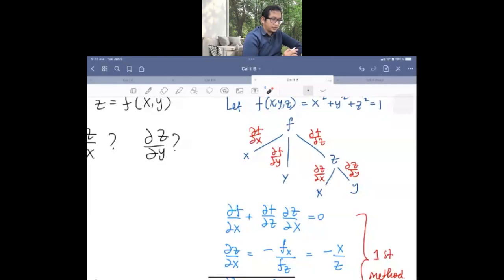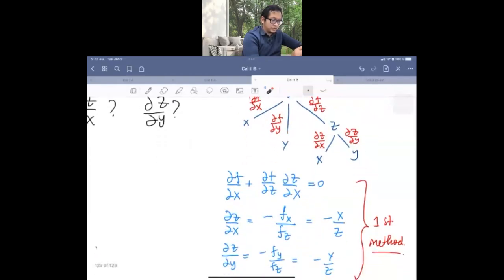Now if we start on the derivative with respect to x, we'll have this, and this, right? That's our choices. So we have this structure. And if we derive with respect to y, we have dou f dou y, and then dou f dou z multiplied with dou z dou y. Okay?